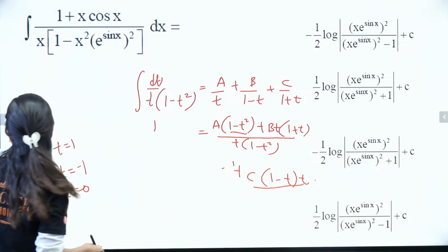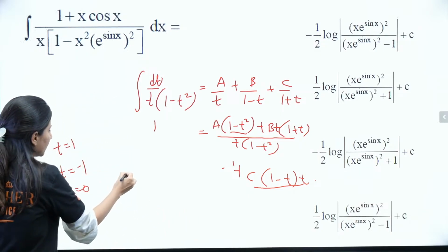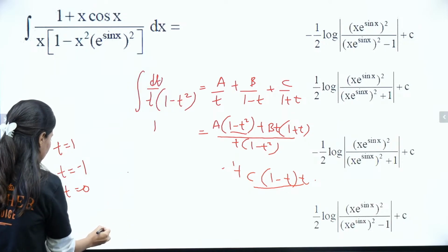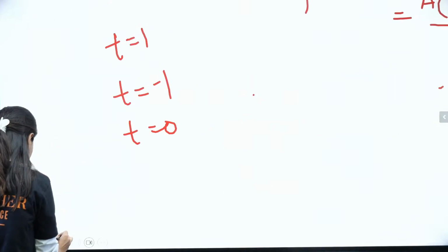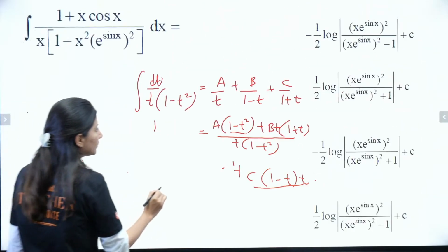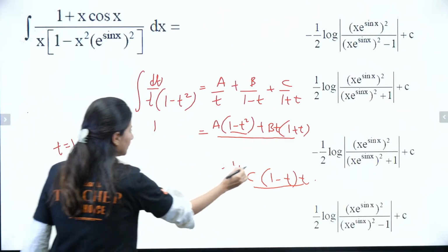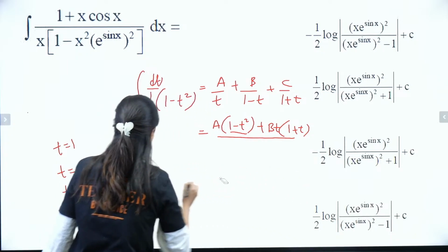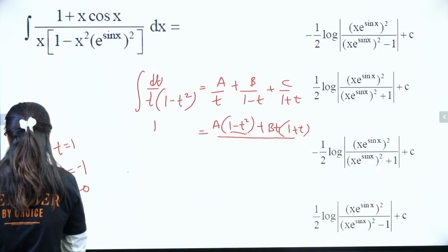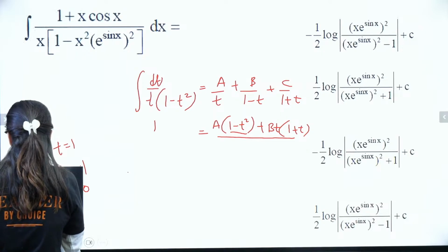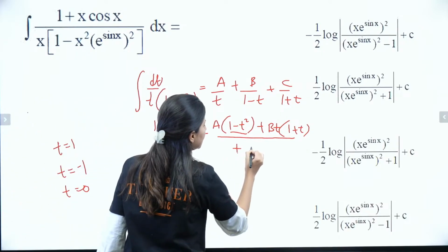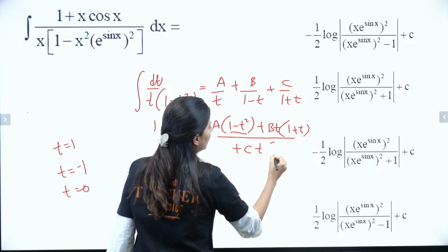Right? Okay. Let me just remove this. So this is plus C times t into 1 minus t.